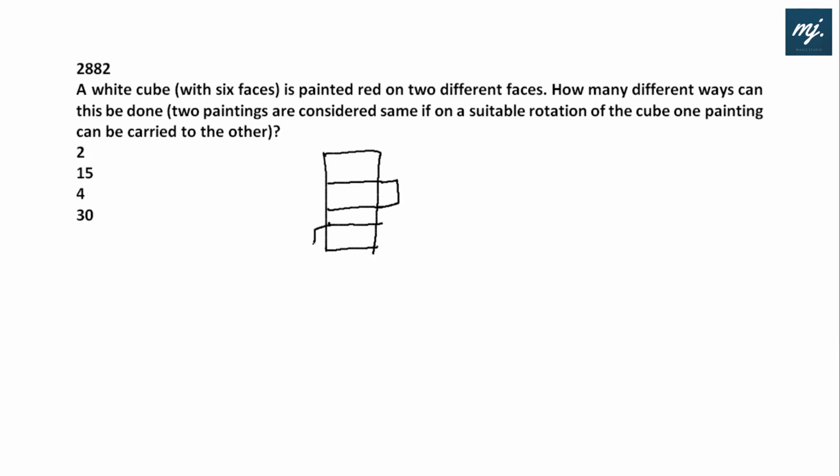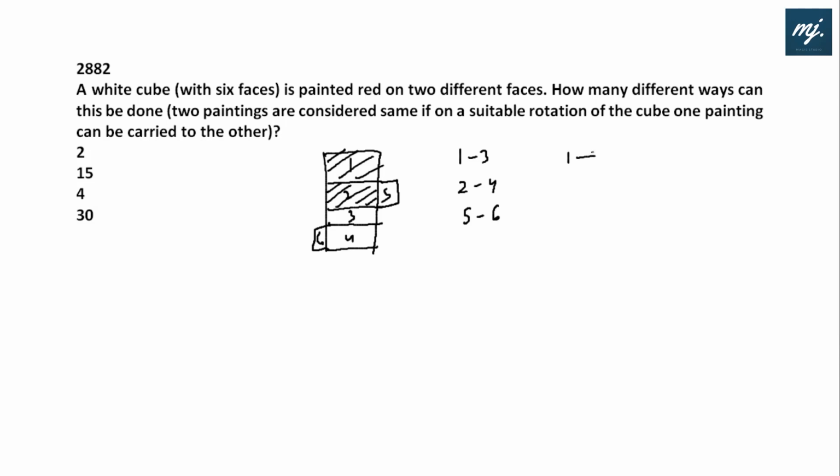Suppose this is how the cube opens up: 1, 2, 3, 4, 5, 6. Then 1 and 3 are opposite, 2 and 4 are opposite, 5 and 6 are opposite. If I color faces 1 and 2, because only 2 different faces are painted, we can see that 1 and 2 are adjacent sides.